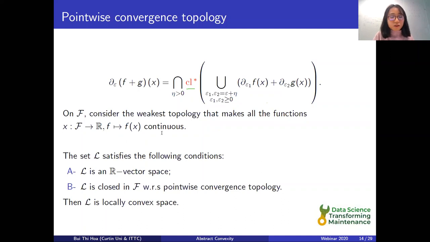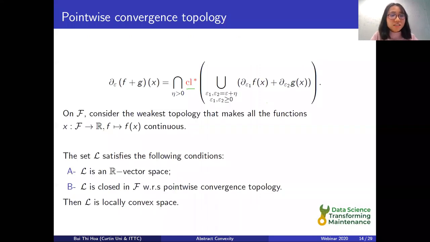And then we embed this topology in L by just restricting it to L. But the set L here should be closed with respect to that topology. We call that topology the pointwise convergent topology because of this property, which makes all these functions x here continuous. From this section forward, we also assume that the space L is a vector space. With these two assumptions, L is actually a locally convex space.